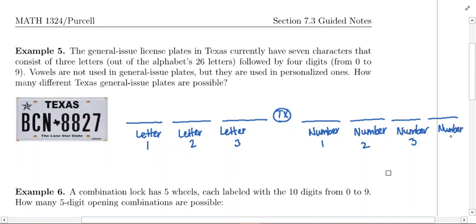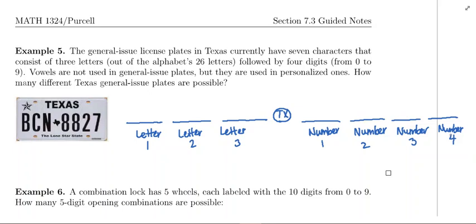All right, so then we're just going to go to each blank and fill in how many characters are possible for each position. Let's start with the letters. We know we're dealing with only capital letters, so there are no lowercase letters involved here.